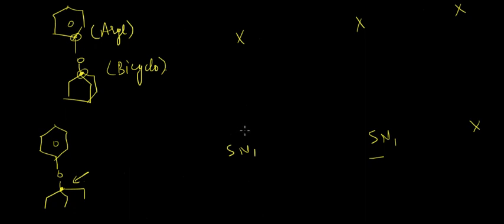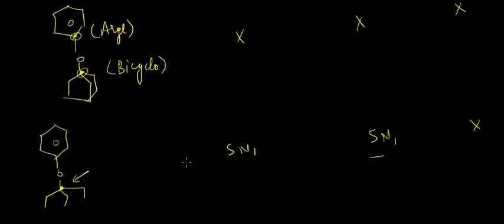Okay, so we'll look at the summary of what we have discussed in these examples. The summary is, if there is a formation of 3 degree cation or resonance stabilized cation, then SN1 reaction is favorable.